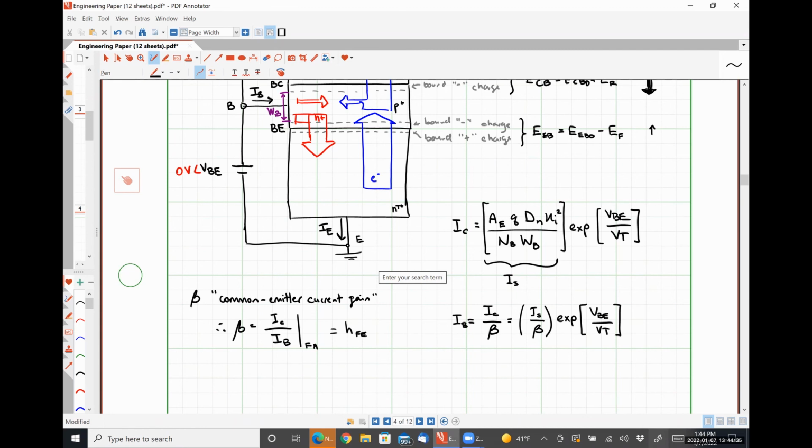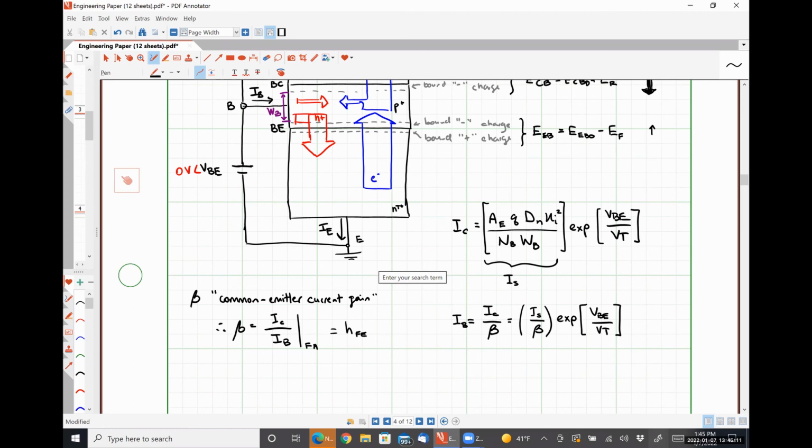But this is what's known as a hybrid parameter that literally just relates the output current, the collector current, to the input current, which is the base current. So this is literally the exact same definition as beta. But for whatever reason, data sheets give you HFE as a hybrid parameter instead of using the symbol beta. They literally represent the exact same thing. Textbooks use beta, data sheets use HFE. They're both simply the collector current divided by the base current during forward active region operation of a BJT.